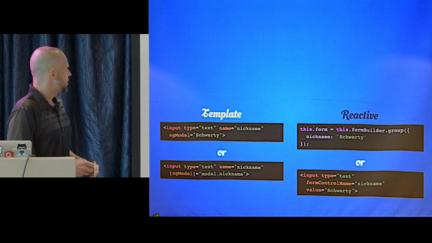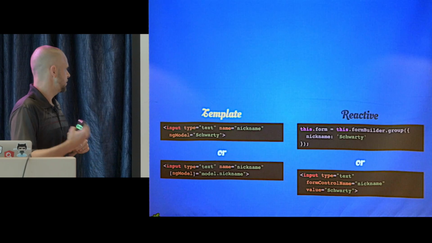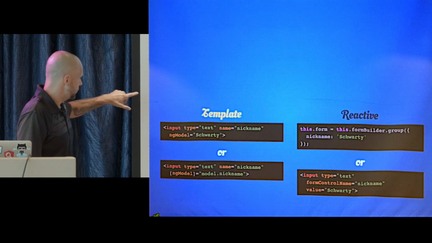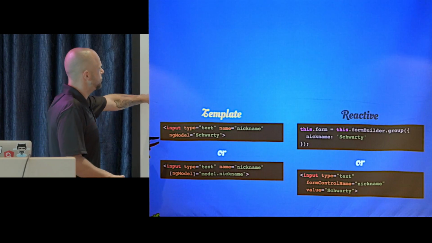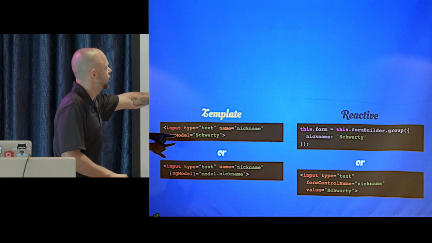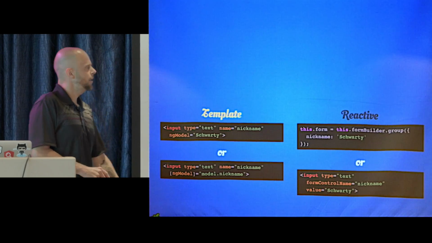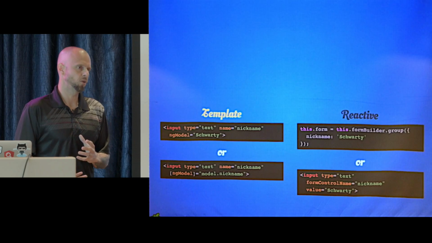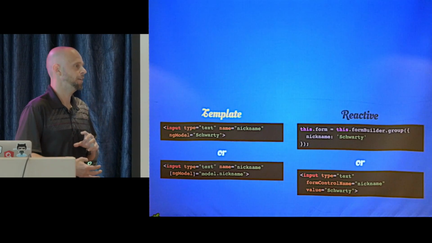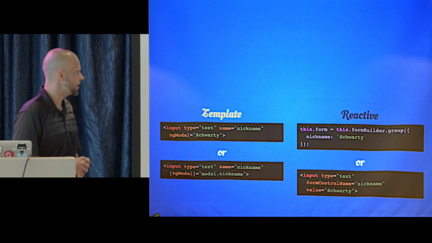Now, getting default values into these is also different for the two. With template forms, we need to do that in the actual markup with the ngModel directive, set equal to a value or a variable. And we need to do that there because we don't have any way to get to that underlying form control until Angular processes that component and that directive runs and creates it.